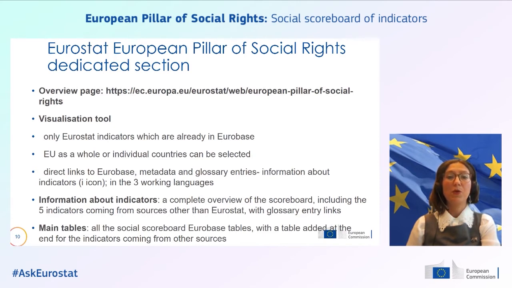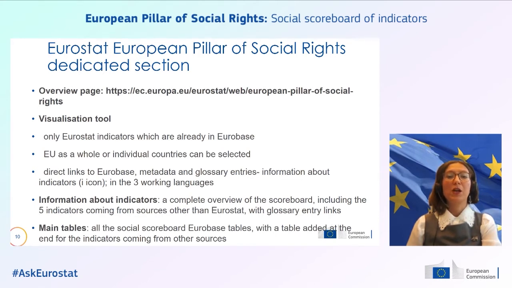And then from there you have a direct link to Eurobase. You have more information about the indicators in the form of a glossary entry, but also in the form of metadata. So you can have an exact definition of the indicator, the data source, the frequency with which it's collected, and so on, in the 3 working languages. There is also information about indicators, which is a complete overview of the scoreboard.